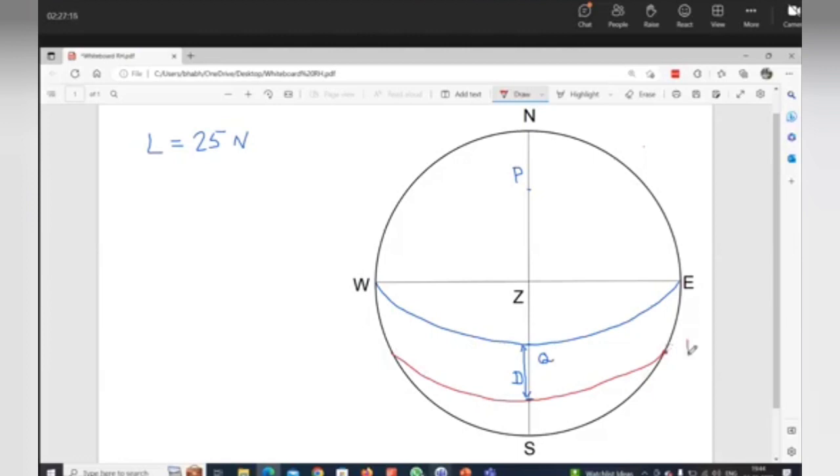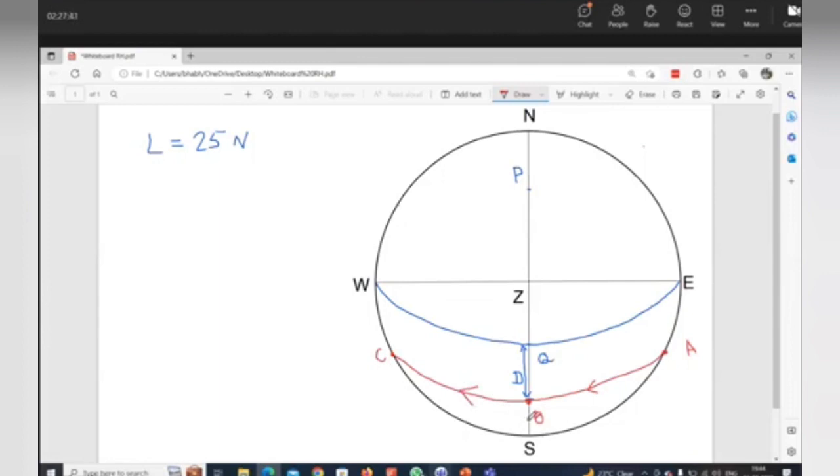Let us call it point A. Body will be rising at A. At point B, the body will be crossing the observer's meridian. And at point C, the body will be setting. Motion of the body will be like this. Clear, beta? Up to here, clear?